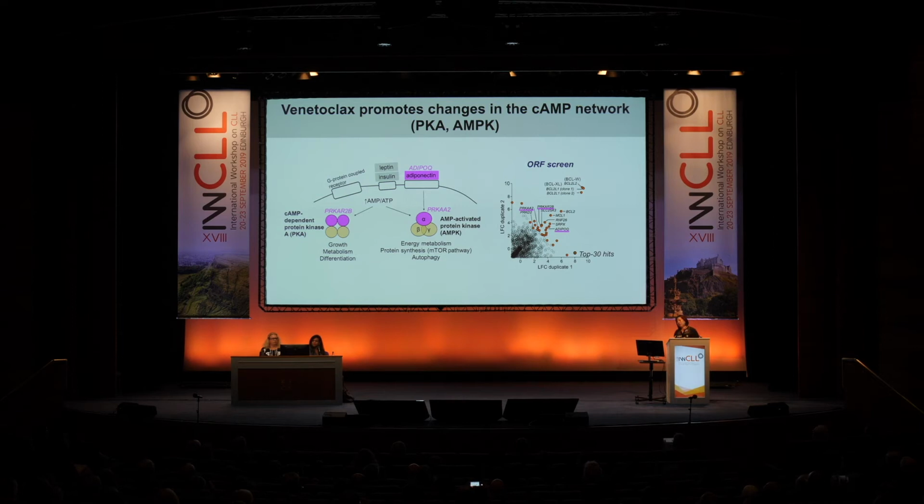The overexpression screen showed a different set of results, which was also interesting. Again, we found targets in relationship to BCL2 signaling in the right directionality, but we also found multiple regulators of the AMP signaling network, both on the cAMP protein kinase A pathway and the related AMPK pathway.